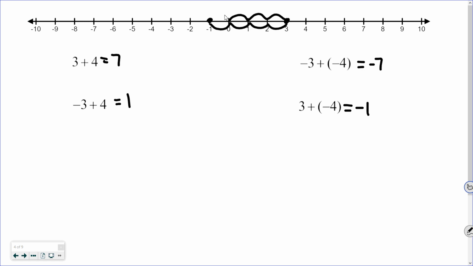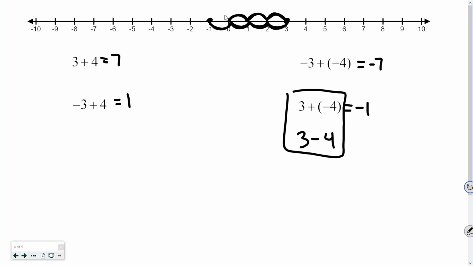Something I want to point out: adding a negative 4 is the same thing as subtracting 4. So if you want to put this right underneath, where it says 3 plus negative 4, write 3 minus 4. It's the same thing. The 3 is still positive, 1, 2, 3. The 4, because you're subtracting, is still moving you to the left. So these two expressions are equivalent to each other.